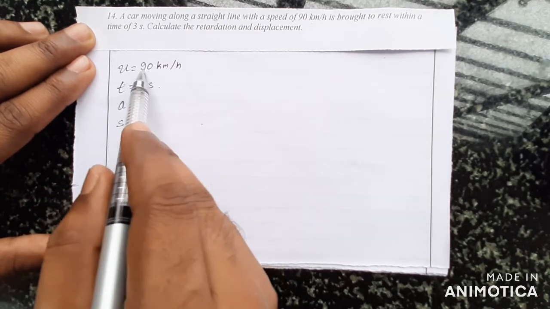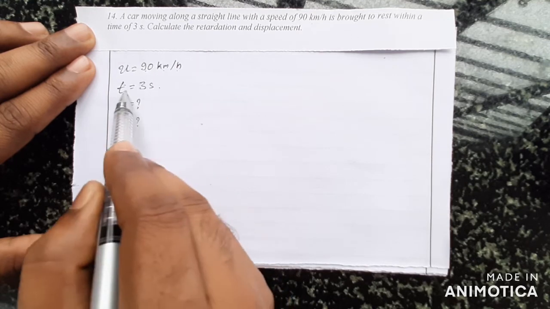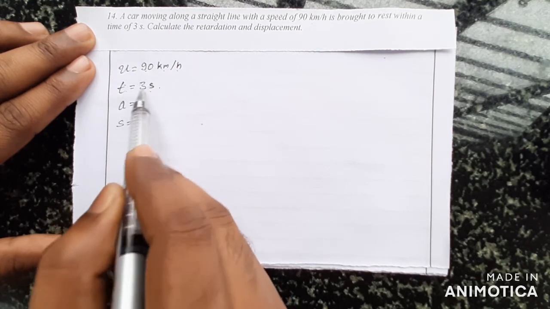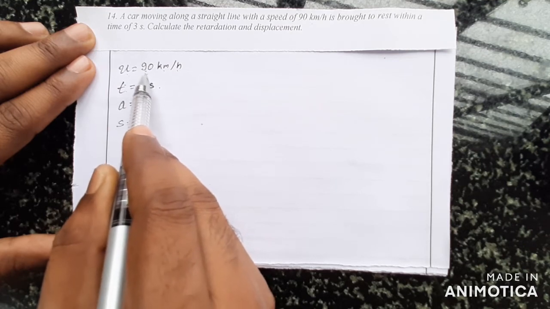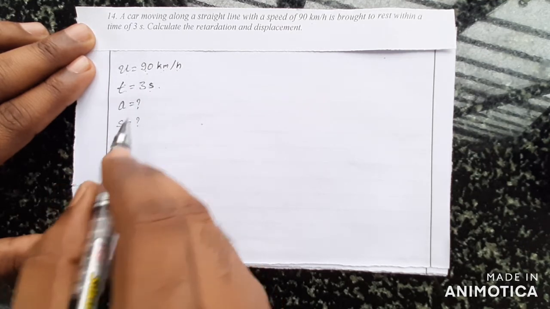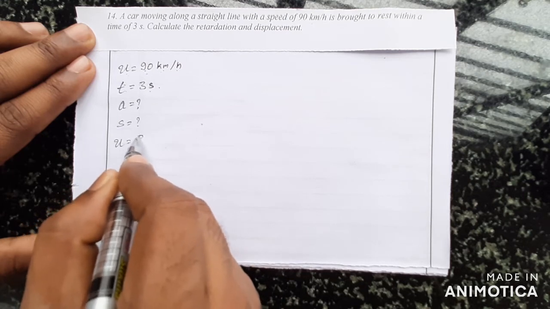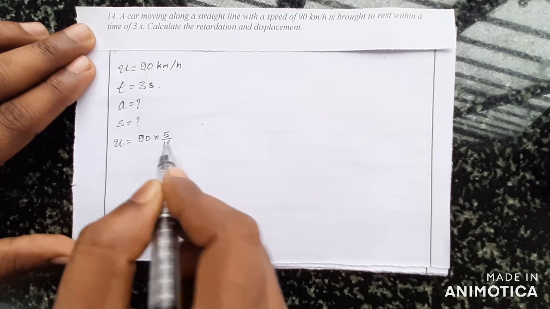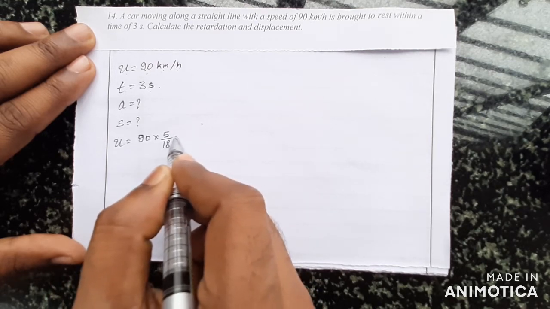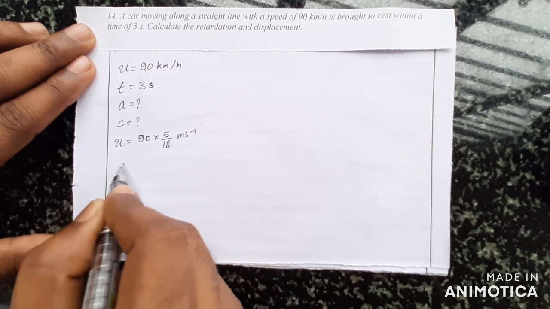So here we have u in kilometer per hour and t in second. So we should convert initial velocity from kilometer per hour to meter per second, which will become 90 into 5 by 18 meter per second.